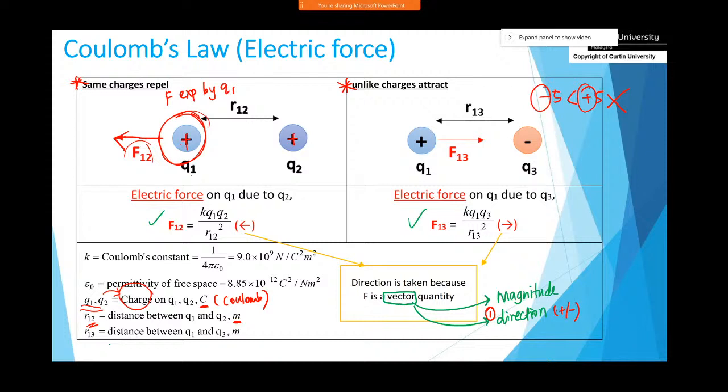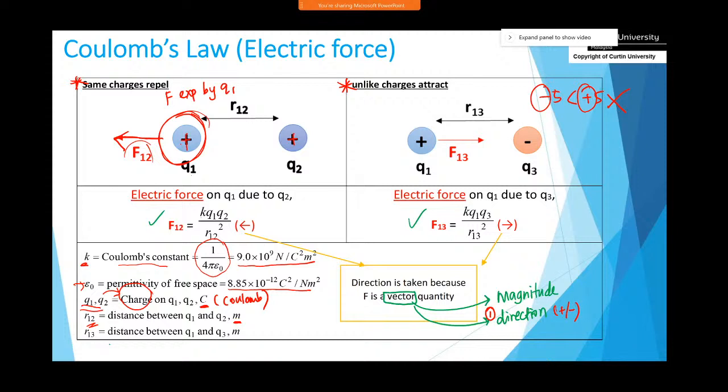And k, the constant, is the Coulomb constant given by 1 over 4 pi epsilon naught. This epsilon naught is the permittivity of free space. It's also another constant.